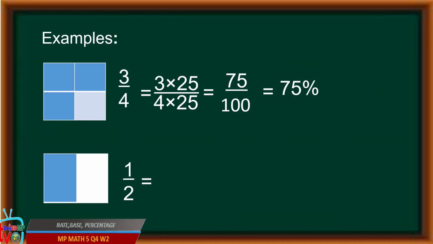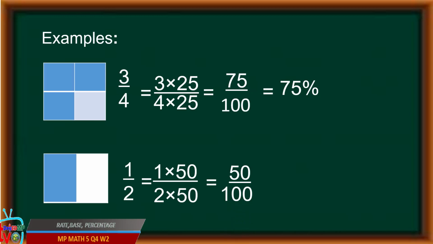So we have the numerator, which is 1 times 50 over 2, which is the denominator, multiplied by 50, equals 1 times 50 is 50 over 2 times 50 is 100. Now, we're going to affix the percent sign, 50%.